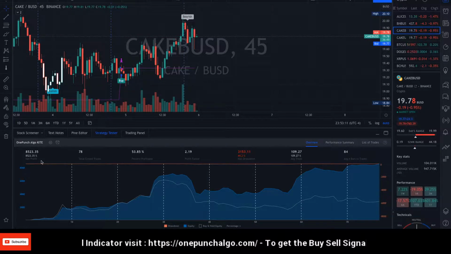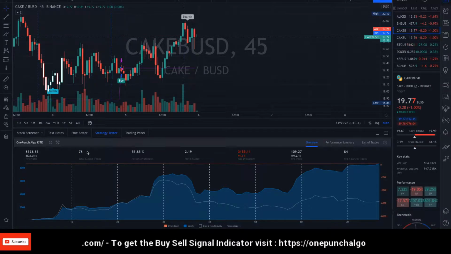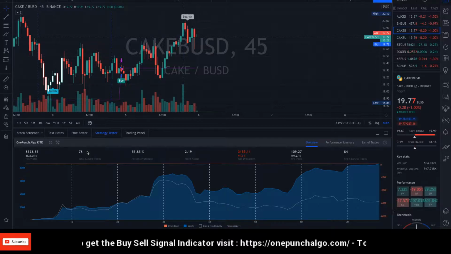It's really good. The total closed trades is 78, so that means the algorithm has done 78 trades throughout the year. This is the 10th month, so that means roughly 7 trades per month on average.